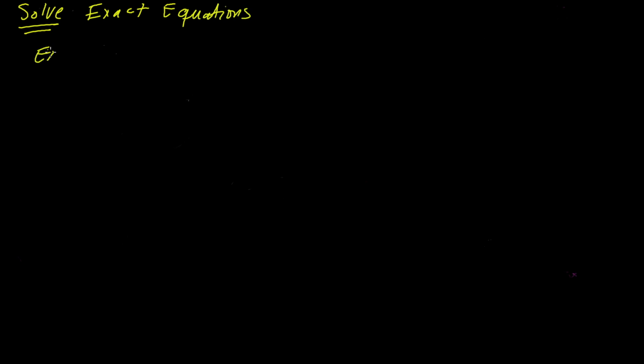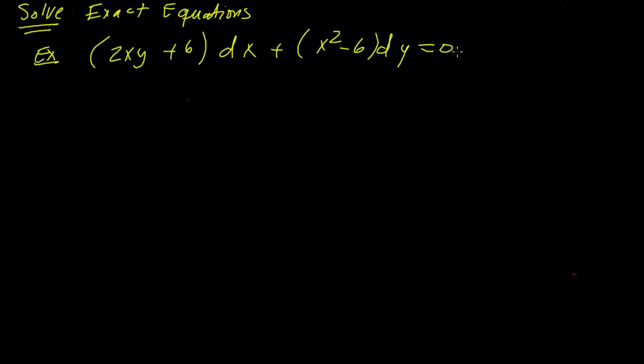All right, here is the first one. Let's say we have this equal to 0. We want that to be equal to 0.